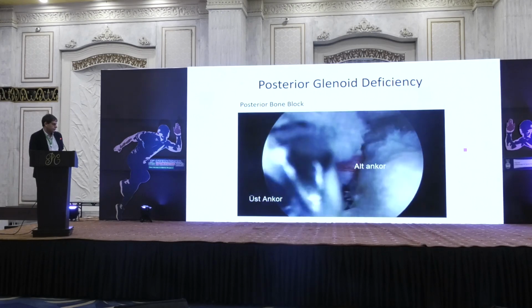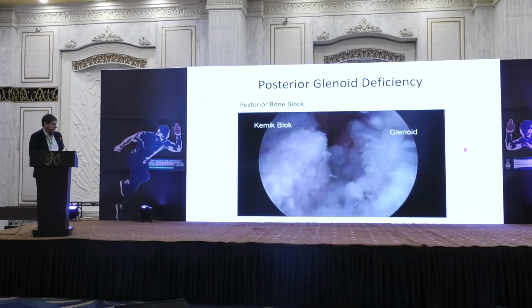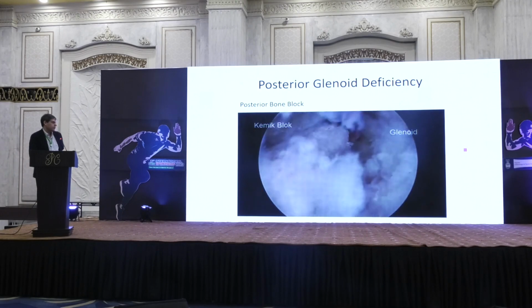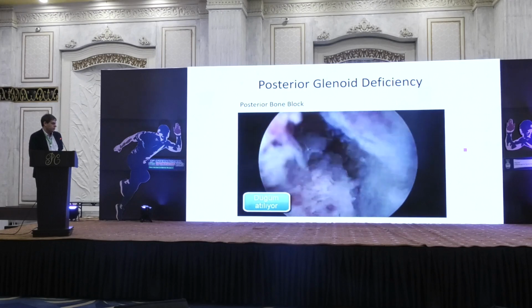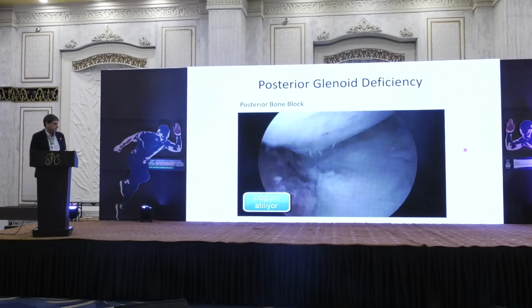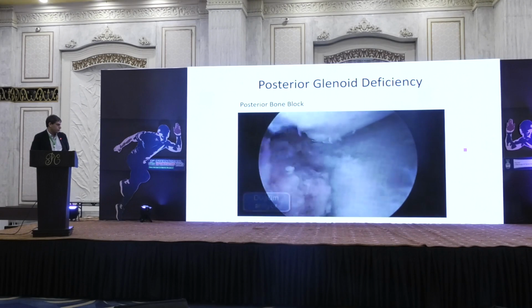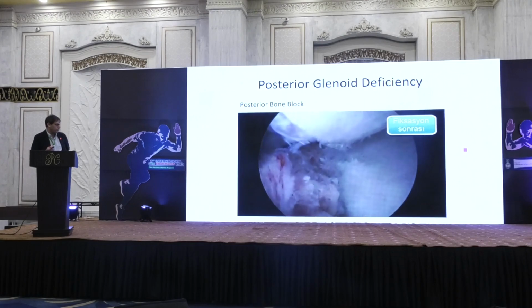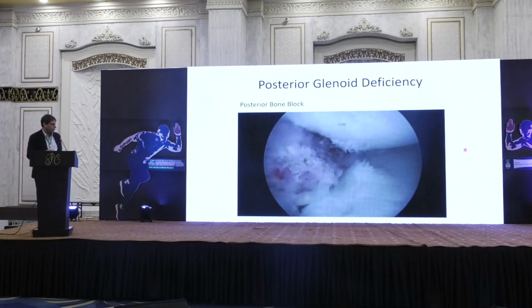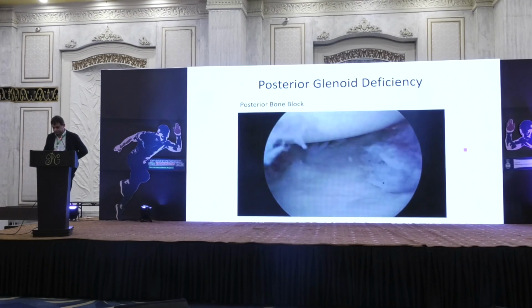These are the anchors. And this is the posterior bone block. It's shuttling into the joint. And the knots are tight there. This is after fixation. We have a bone block on the anterior side and a bone block on the posterior side.